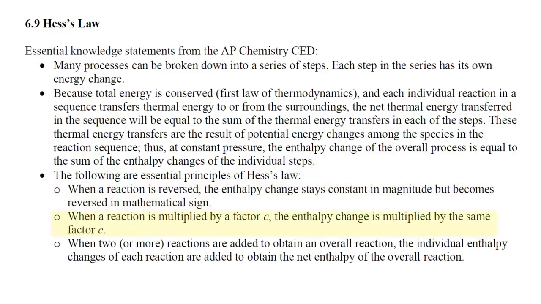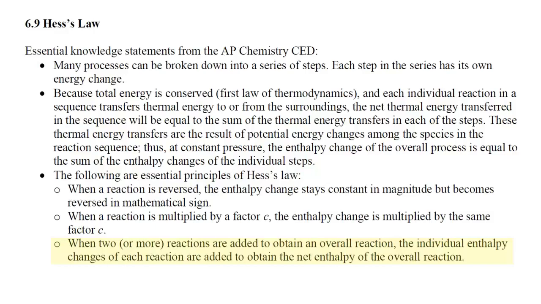When a reaction is multiplied by a factor, C, the enthalpy change is multiplied by the same factor, C. When two or more reactions are added to obtain an overall reaction, the individual enthalpy changes of each reaction are added to obtain the net enthalpy of the overall reaction.